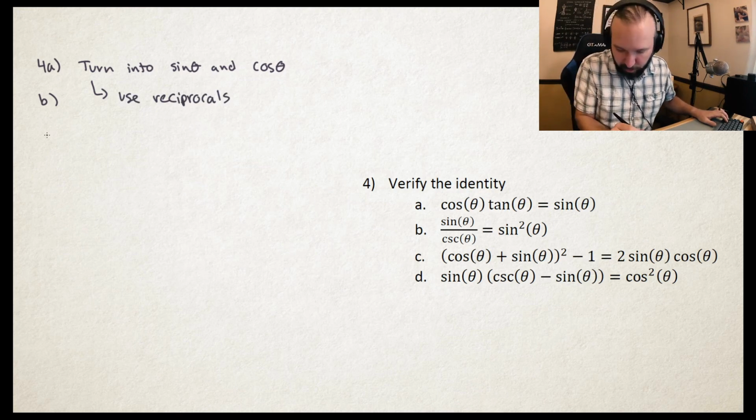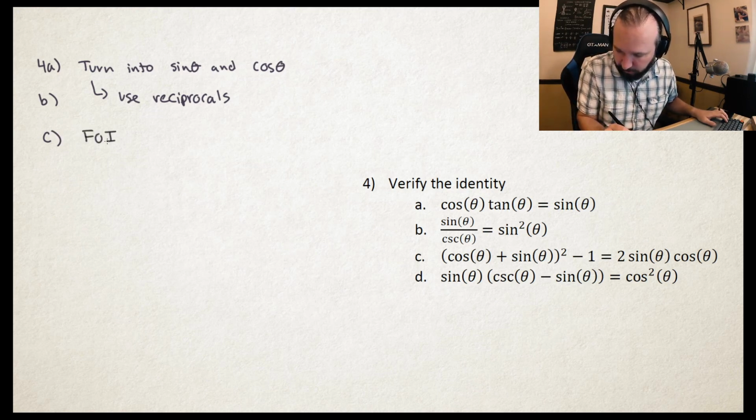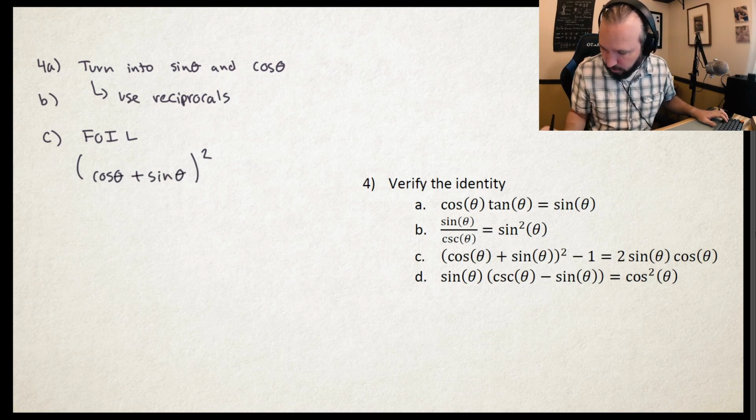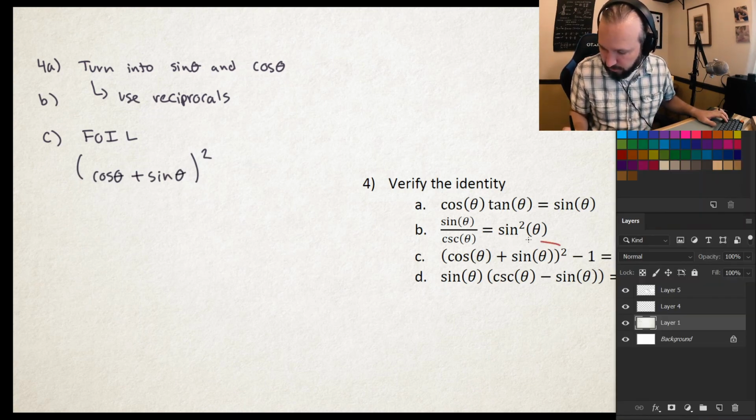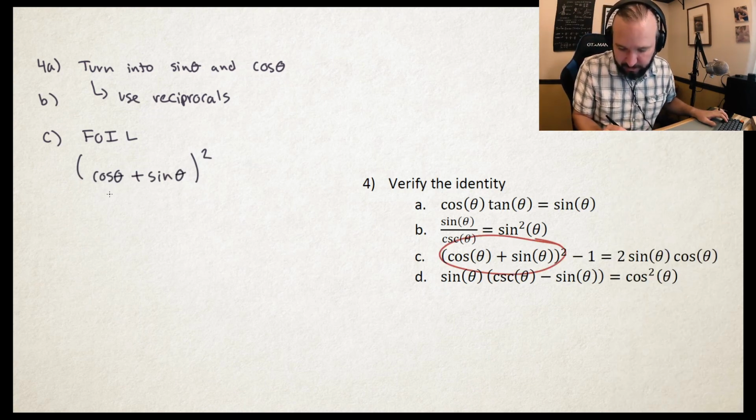Okay, for part C, my hint is to FOIL the cosine theta plus sine theta squared part. So just FOIL this thing out, and then you should be able to use the Pythagorean identity.